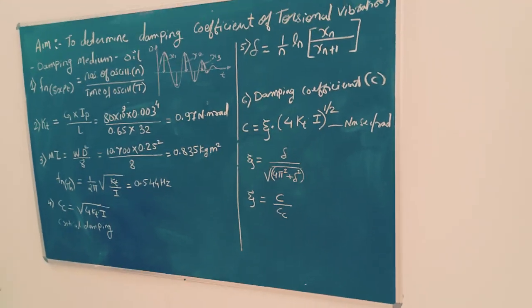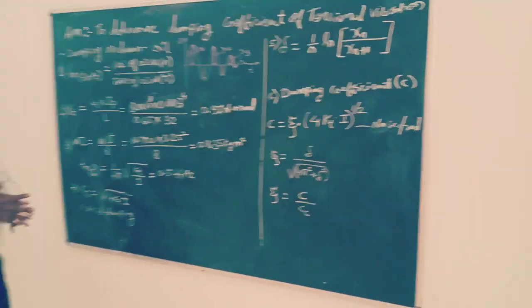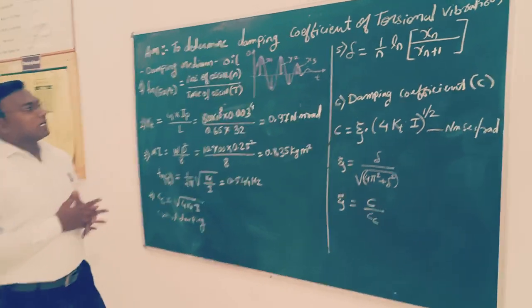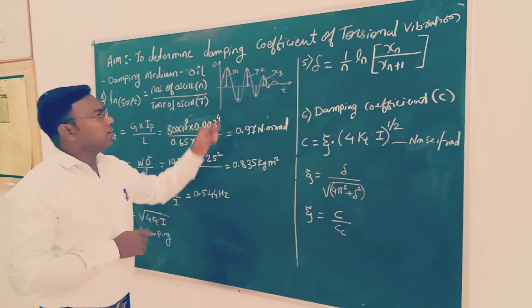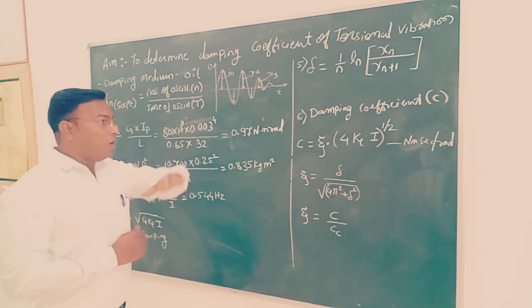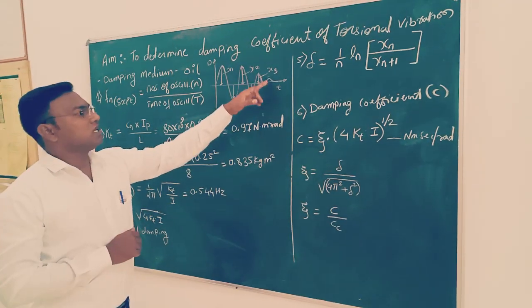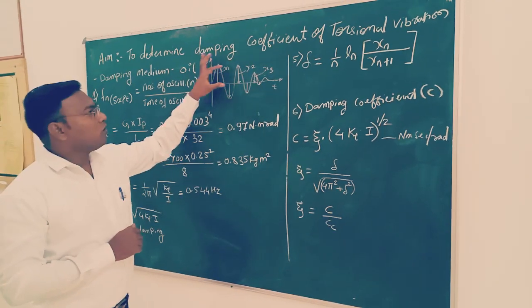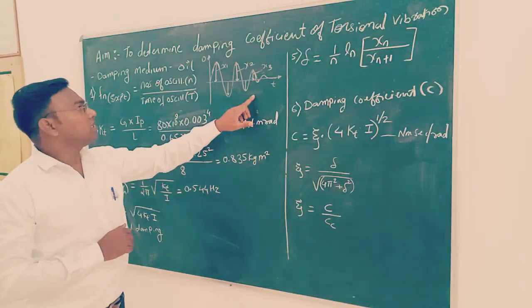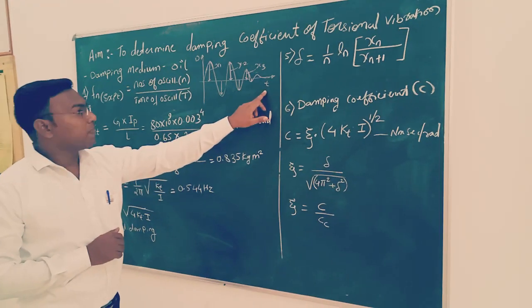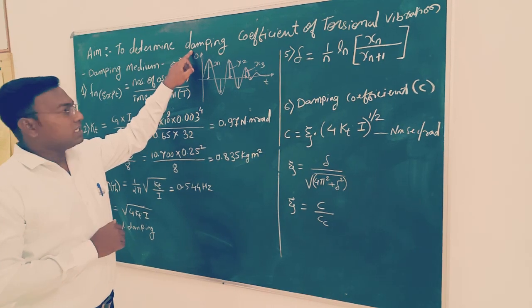Here we can observe the number of calculation equations I have written. On the graph which I have plotted in the experiment, 3 oscillations have been obtained. x1, x2, x3 are the amplitudes of those oscillations. On the x-axis we have plotted time and on the y-axis displacement.